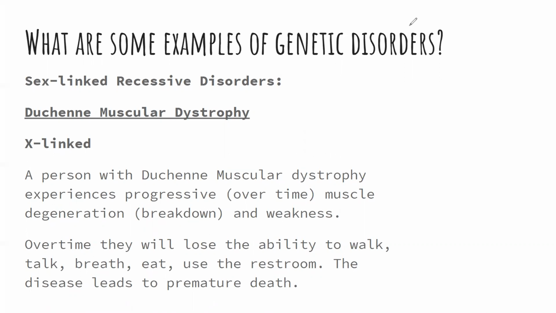They'll lose the ability to walk, talk, breathe, eat, use the bathroom, everything. Your muscles help you to move. Your diaphragm helps you to breathe. Your legs help you to walk. But if you lose the ability to move those muscles because those muscles are breaking down, the disease will lead to premature or early death.